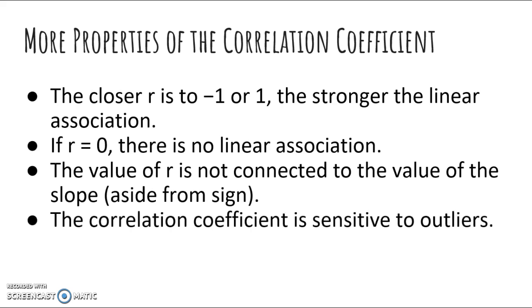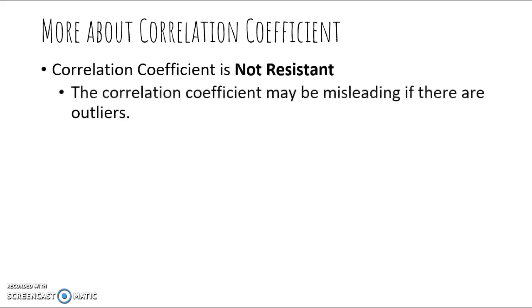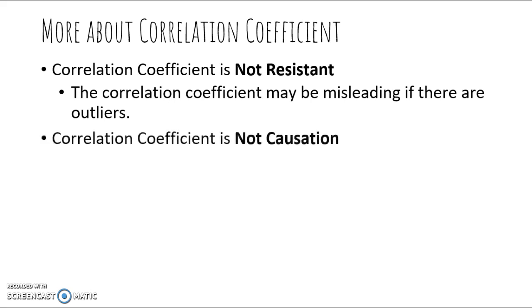The correlation coefficient is not resistant. That means it's sensitive to extreme values or outliers. Like we said, it's not resistant, and that means the correlation coefficient may be misleading if there are outliers. That's what that means. Correlation is not causation.